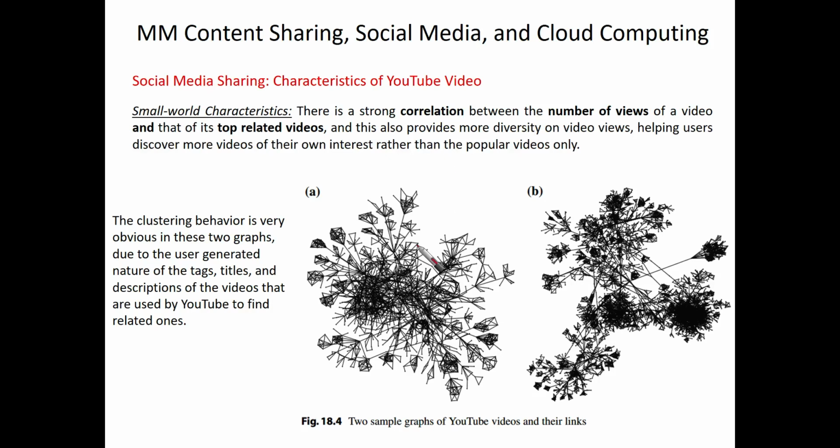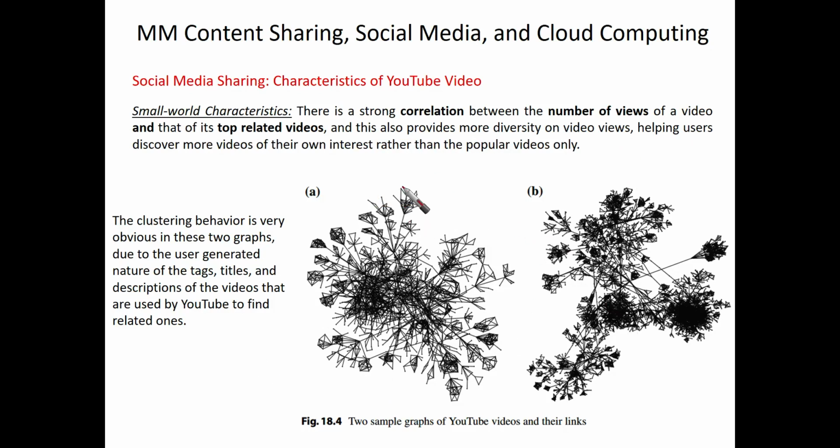If we create a network based on 1,000 videos, 1,000 nodes, maybe 4,000 videos, and generate this graph showing which video is related to which, and at what scales, based on the metadata, the tags, titles, and the description used in the video, then we can construct these kinds of networks.